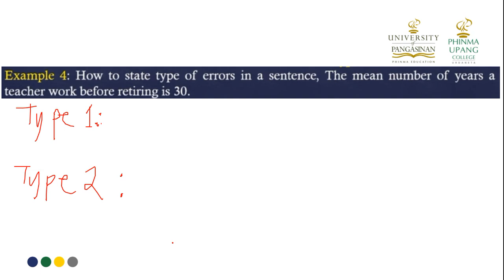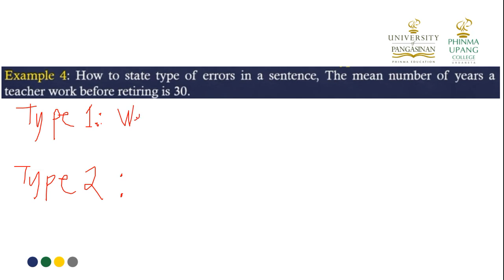Type 1, we conclude that the mean number of years a teacher worked before retiring is what? Ito na yung statement ha.